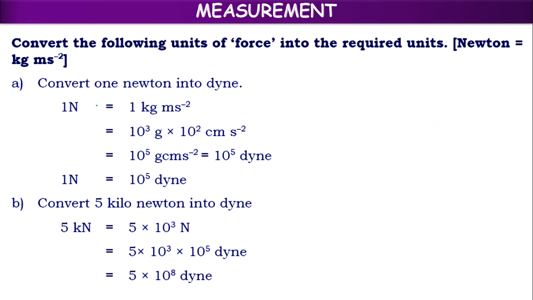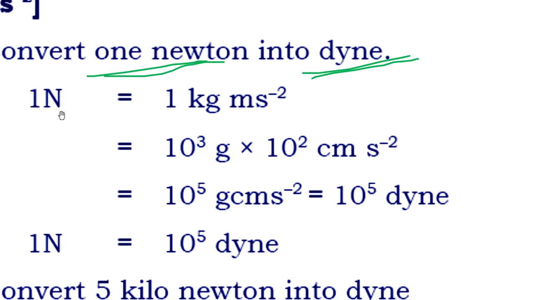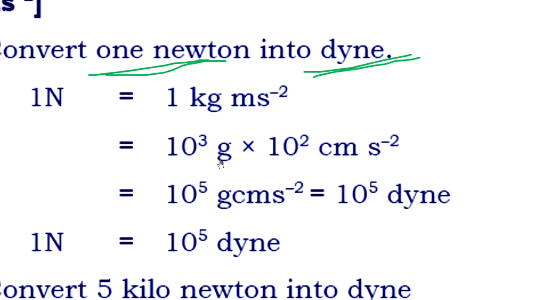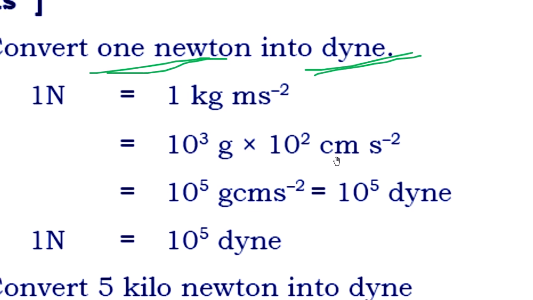Here, children, they are asking us to convert 1 Newton into dyne. 1 Newton equals 1 kg meter second to the power of minus 2. 1 kg means 10 cube grams, because kilo means 10 cube. 1 meter means 10 square centimeter, because 100 centimeter.